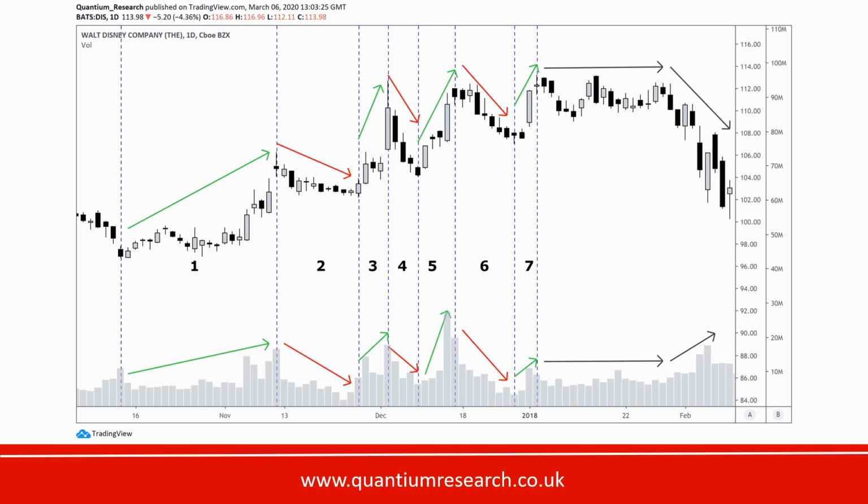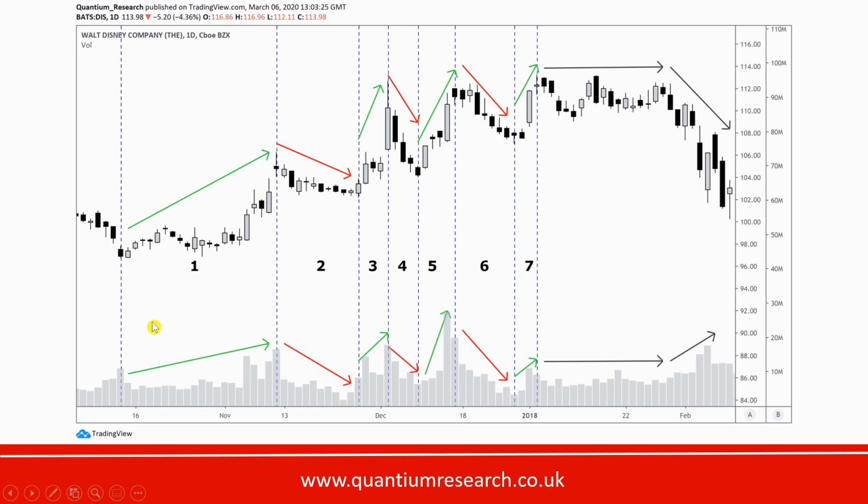The full pattern was made up of 7 swings. We've divided the trend into those 7 swings, 1, 2, 3, and all the way to 7. We can compare price, and here we can see the volume bars, and then compare each of the two for each stage of the trend.